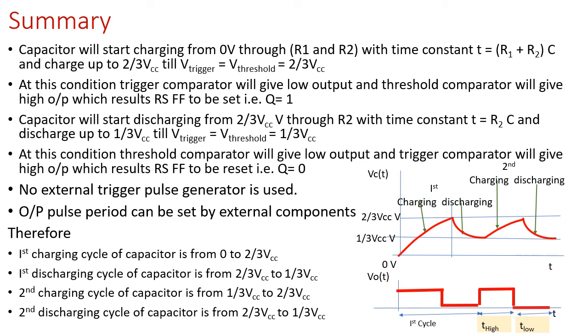So for the calculation of the pulse time period, we should consider the high time and the low time whenever the charging and discharging is stable. So we will take T high and T low of the second cycle, not the first cycle.